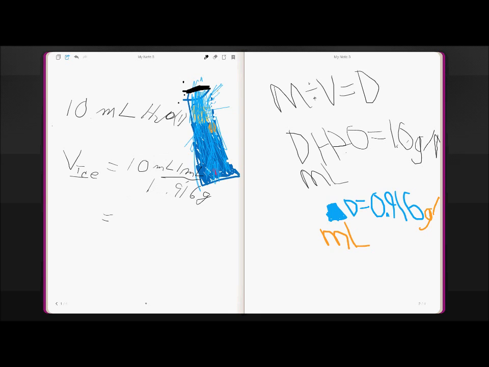So if we divide that, 10 divided by 0.916 equals 10.9 milliliters. So it increases by 9%.